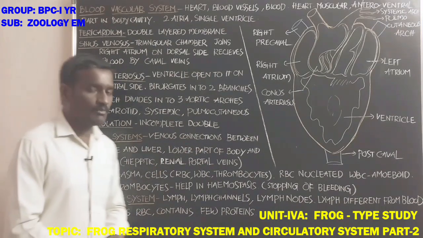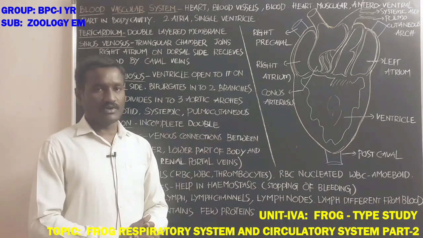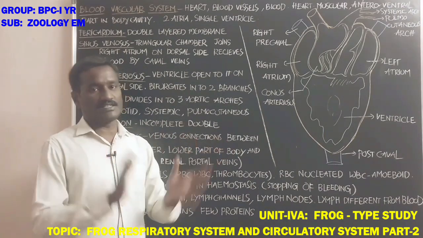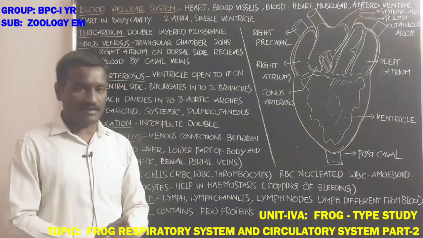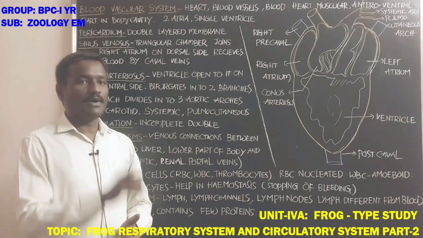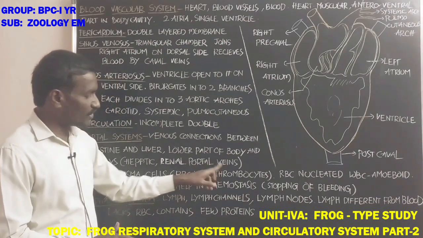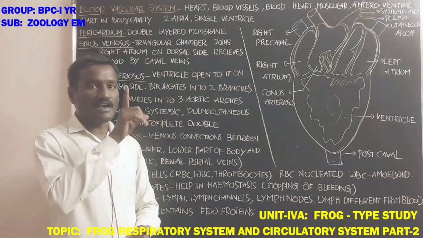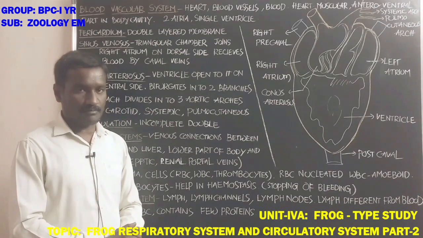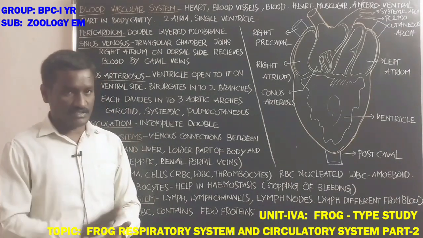What about the portal system? Special venous connections between the liver and the intestine. One of the portal veins connects the liver to the intestine, that is the hepatic portal system.